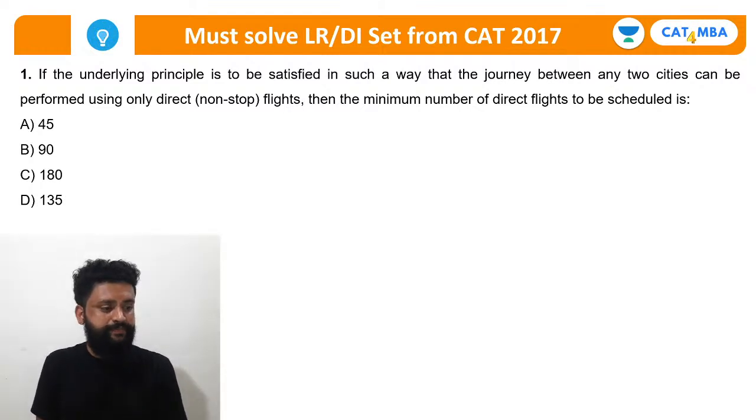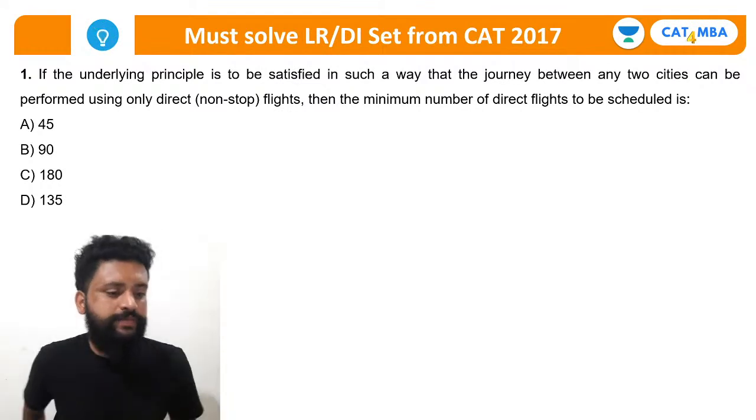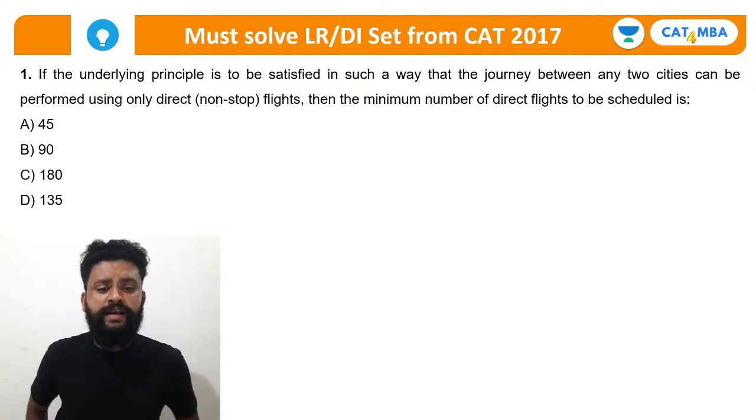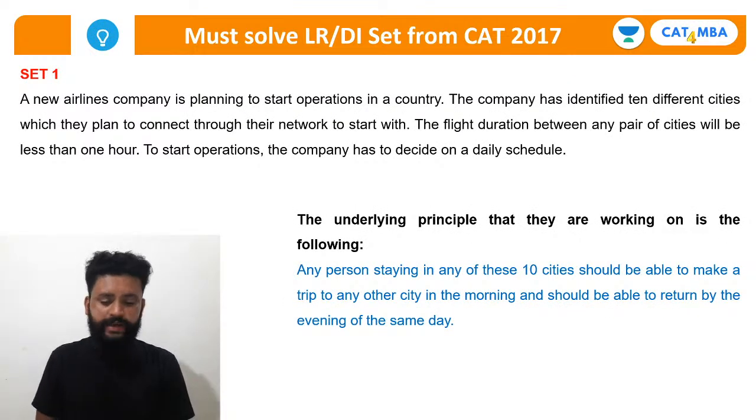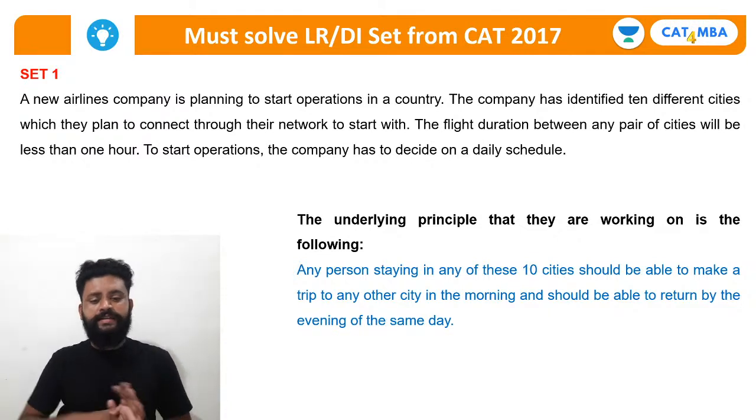So those who are watching this video for the first time, I'll tell you a few rules, guys. Whenever I start with a new set, always try to do that set on your own. Then I'm going to explain it to you. I never explain the LRDI set directly. I'm not going to solve it for you just so it is not solving.